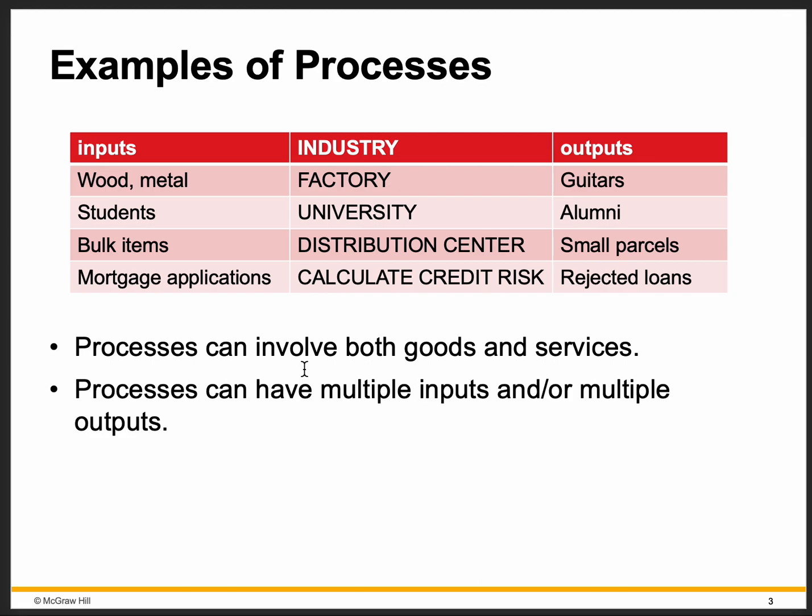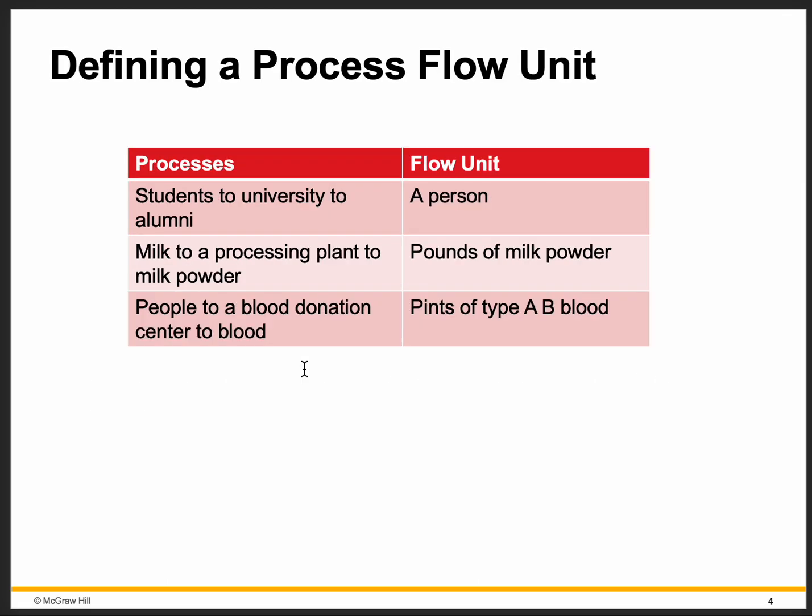For example, the input to a call center is a person placing a call. The output of a call center is either a person whose call was answered or a person who's going to get a call back. Either way, process can involve both goods or services, and a process doesn't even have to have a single input. You can have multiple inputs within the same process. We'll talk about all of that in this series of videos.